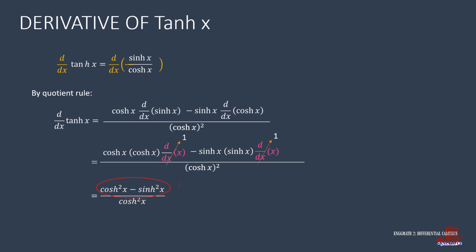The numerator can then be further simplified into 1 from the hyperbolic identities, thus creating 1 over hyperbolic cosine square. This is then converted as the square of hyperbolic secant, bringing about the pattern for the derivative of hyperbolic tangent as the square of hyperbolic secant.